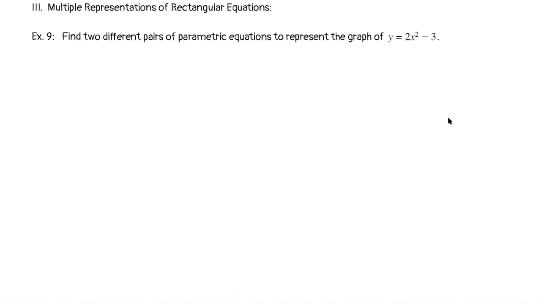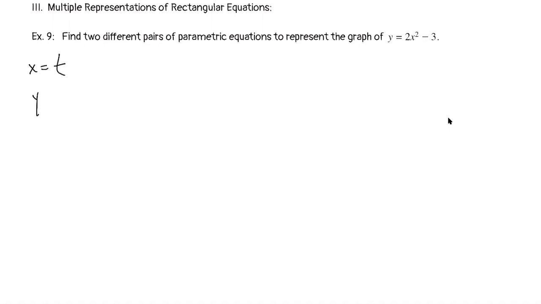So example 9, find two different pairs of parametric equations to represent the graph of y equals 2x squared minus 3, okay? So we're going to go with the most basic option first, all right? The most basic option is you can let one of your x, either x or y, equal the parameter.